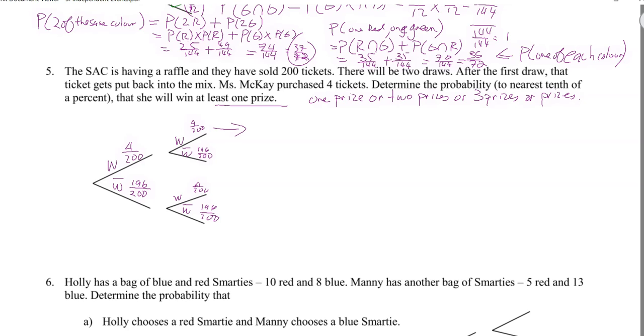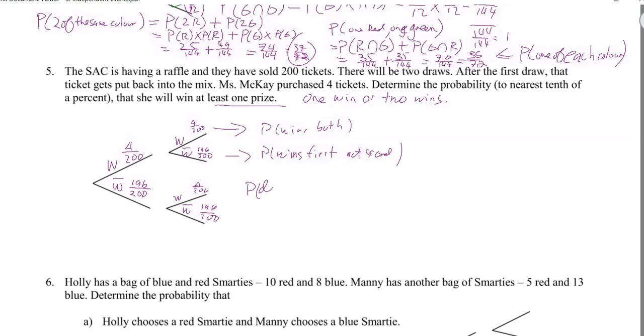Now, we can add this. This would be she wins both draws. All right, change this. It's like 1 win, or 2 wins. This is the probability she wins both. This is the probability she wins the first, wins first, not second.